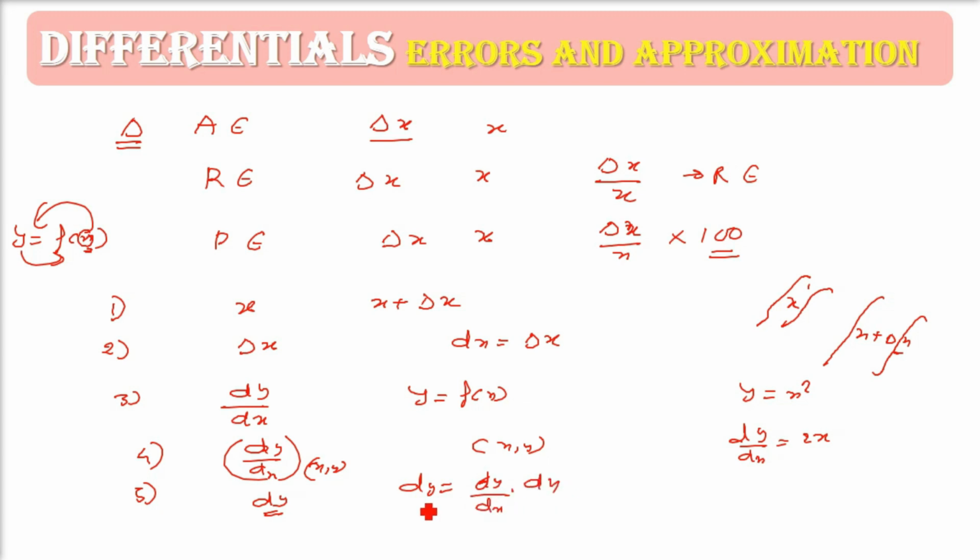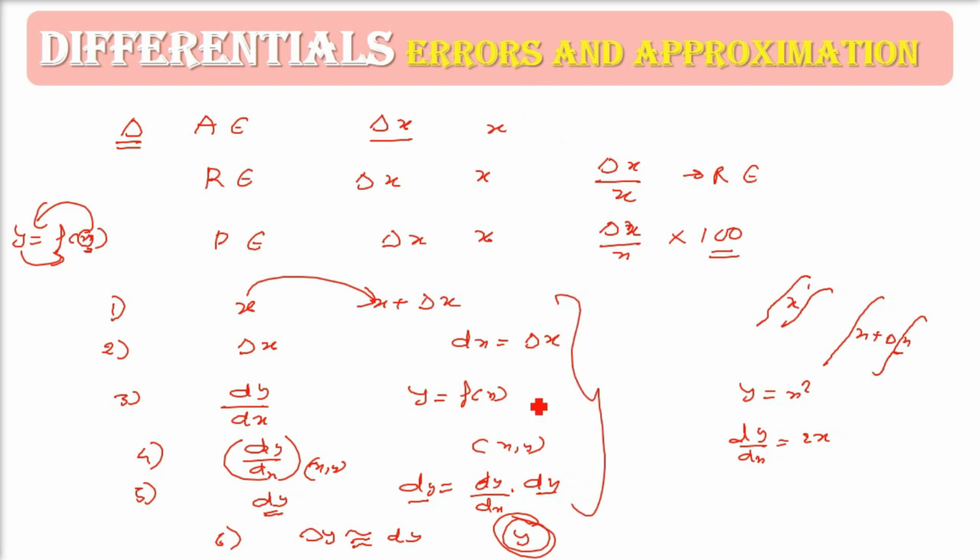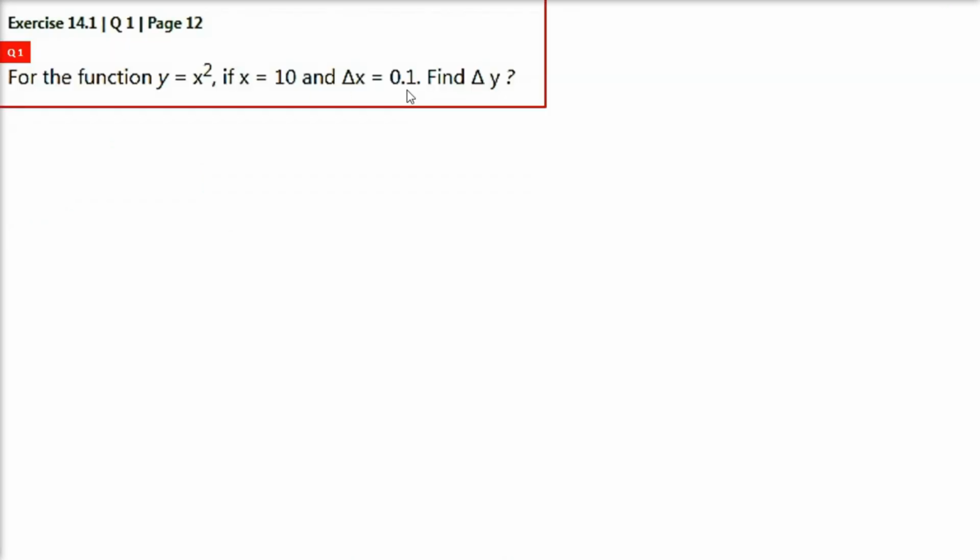As we have assumed dy as delta y and dx as delta x, delta y will be equal to dy by dx into delta x. Because in this error and approximation, we have assumed that delta x is equal to dx and delta y is equal to dy.